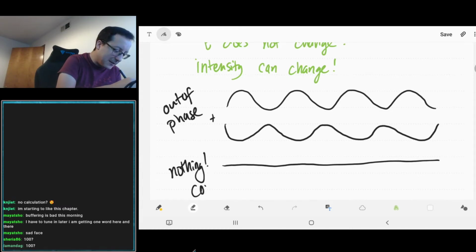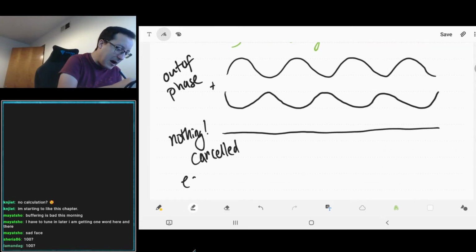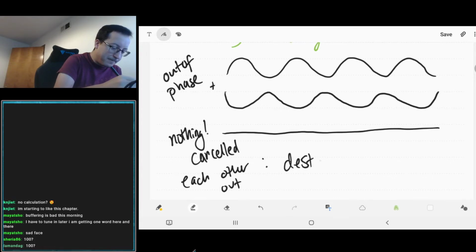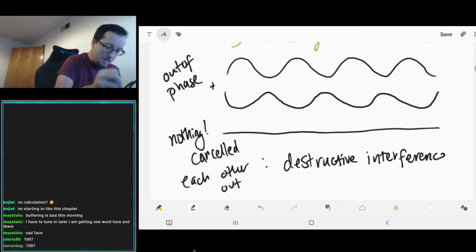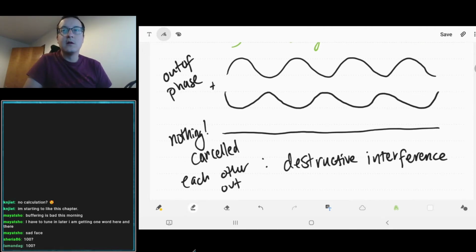They have canceled each other out. This is what's called destructive interference. So the light waves have in fact canceled each other out.